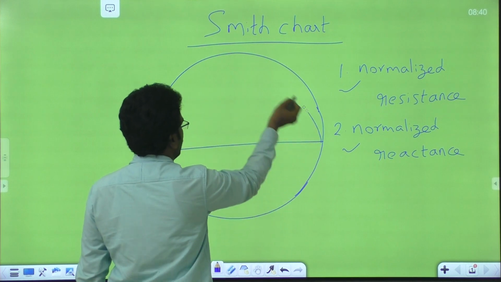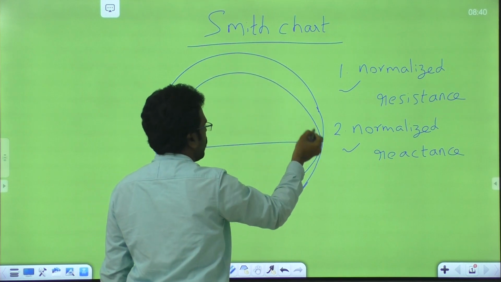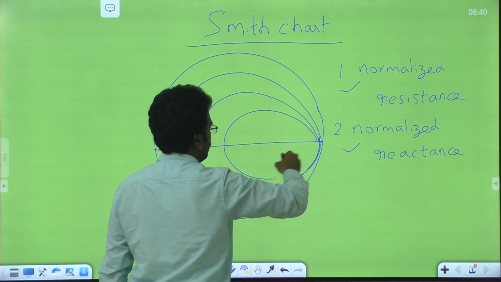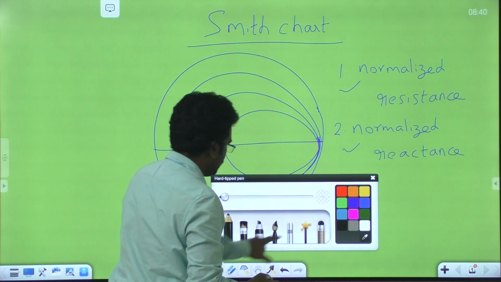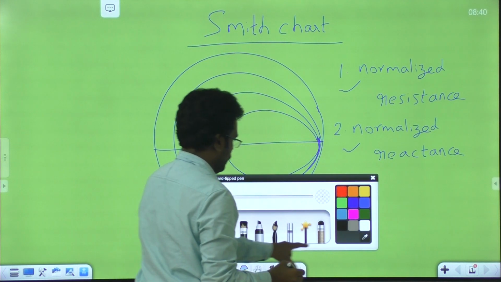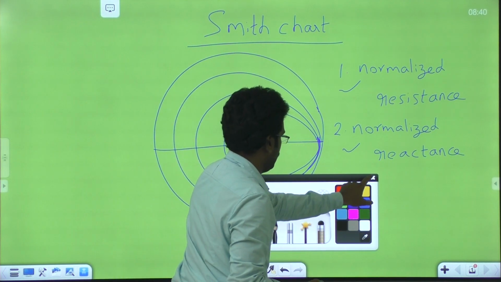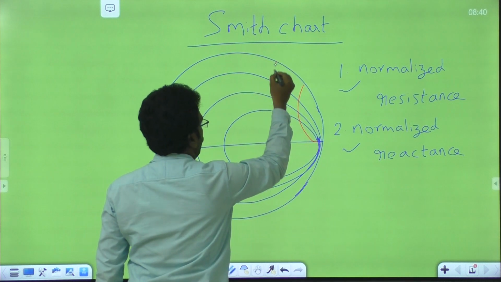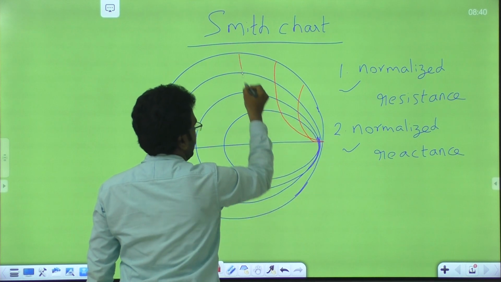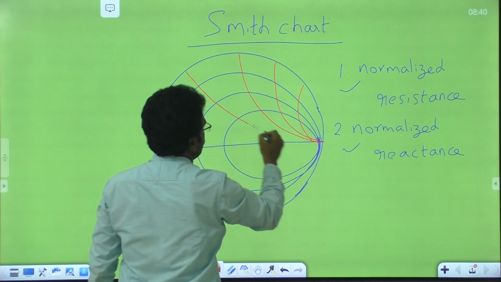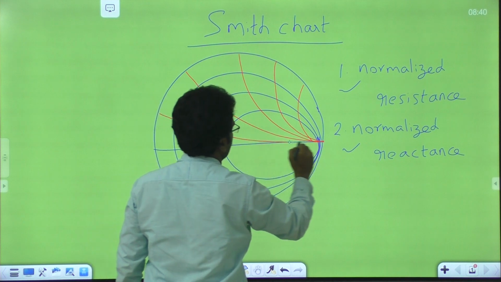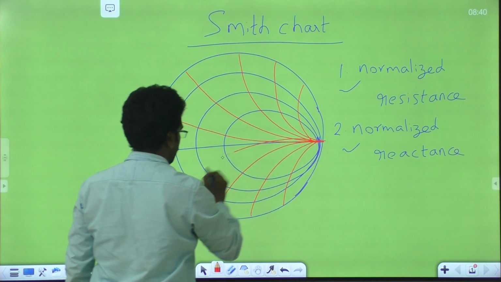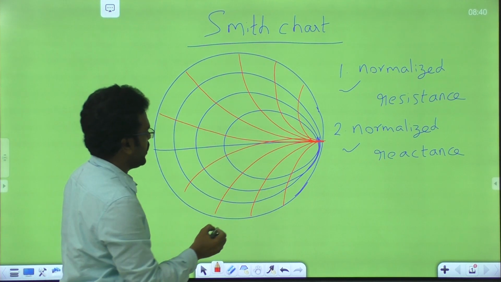So these full circles are called normalized resistance circles, and the half circles are called normalized reactance circles. Okay, this is the Smith chart.